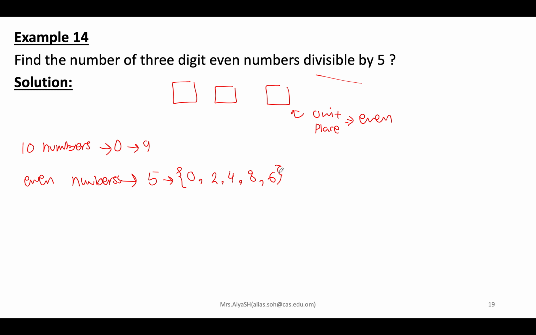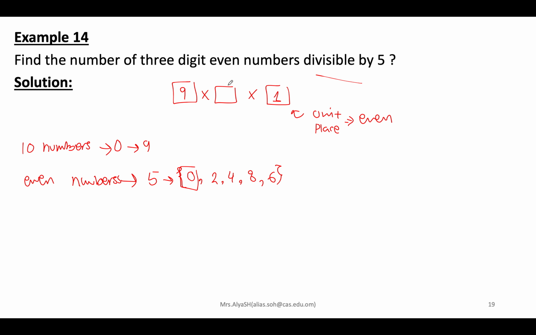Now I need to choose only the even numbers that are divisible by 5, and it is only 0. So as usual, we start with the condition. The only even number divisible by 5 is 0, so only one digit can be in the unit place. Then in the hundreds place, I can use any digit except 0, so here we have 9.